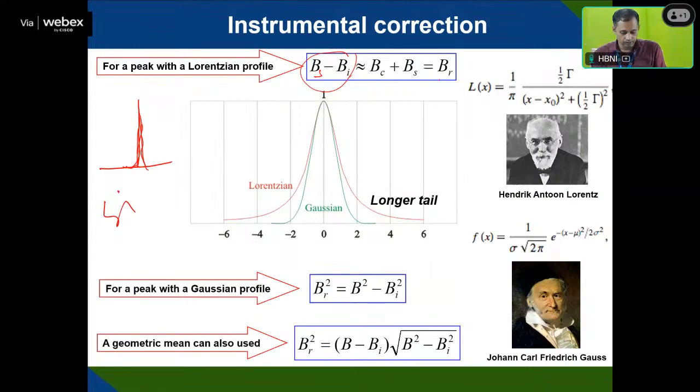But if it is a Gaussian peak, you have B squared equals B sample squared minus B instrument squared, that has to be subtracted here. In this way, depending upon what type of profile your instrument follows, you can subtract that instrumental line broadening.